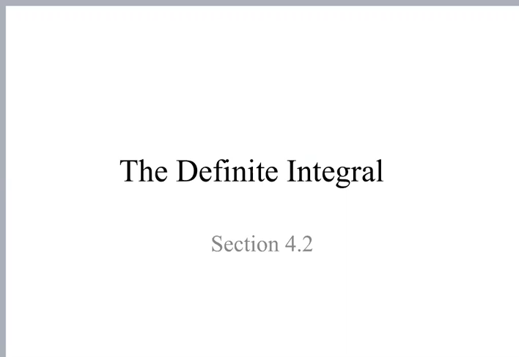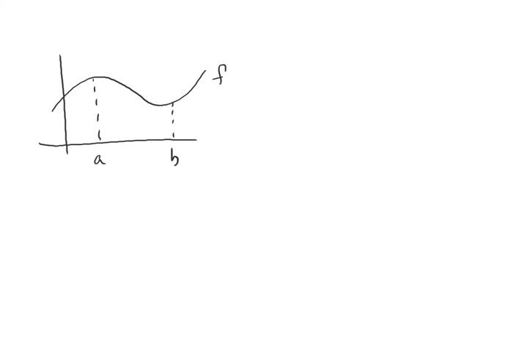If you remember, last time we talked about area under a curve. We talked about if you have this function, call that function f, and it is bounded from a to b, from the interval a to b. It is continuous.